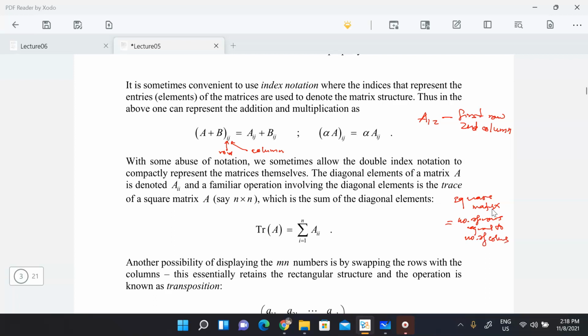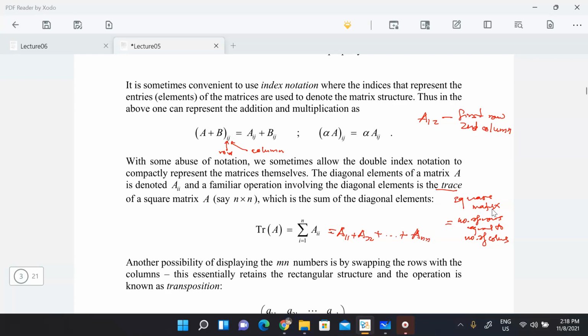In the case of square matrices, there is an operation called the trace. The trace of a square matrix corresponds to just adding up the diagonal elements. So for example, here this will correspond to A11 plus A22 plus and so on until ANN.